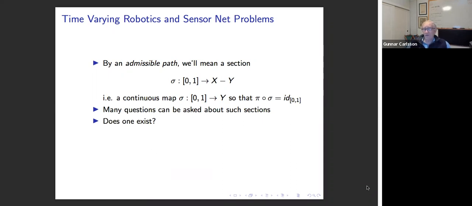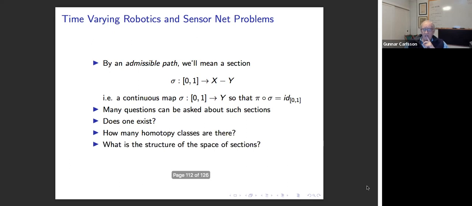Does one exist, for example, is something that one could ask. And how many homotopy classes are there? And what is the structure of the space of sections in general? How many homotopy classes are there? Well, that says what is the set of components of the space of sections.